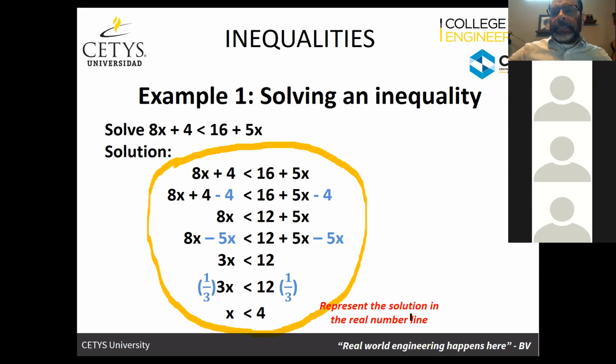There's basically 3 ways in which we can represent a solution for an inequality. One is with the mathematical expression, so this is one. The other is that we can represent it also as an interval. And the other is to represent it in the number line.